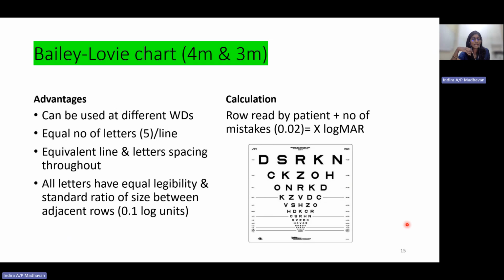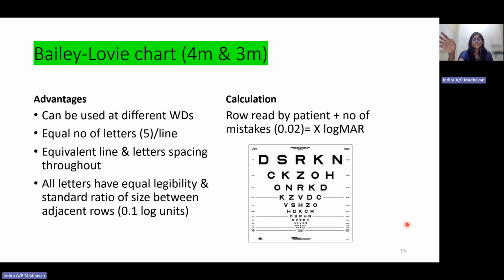And then the next one: the chart contains 5 letters in a line, equal numbers of letters in each line. So every line contains 5 letters.